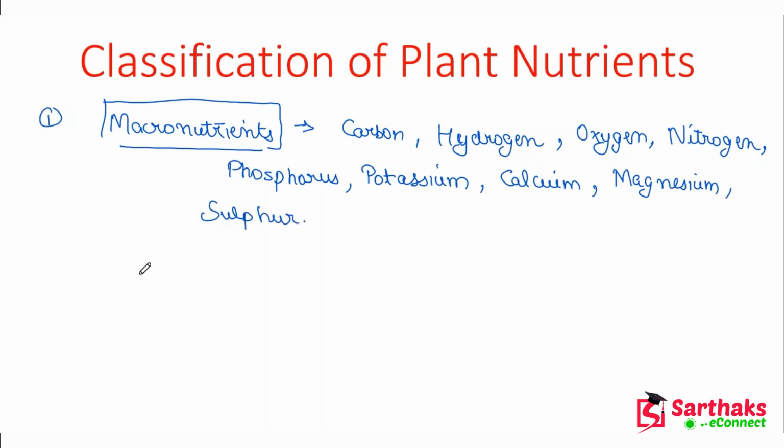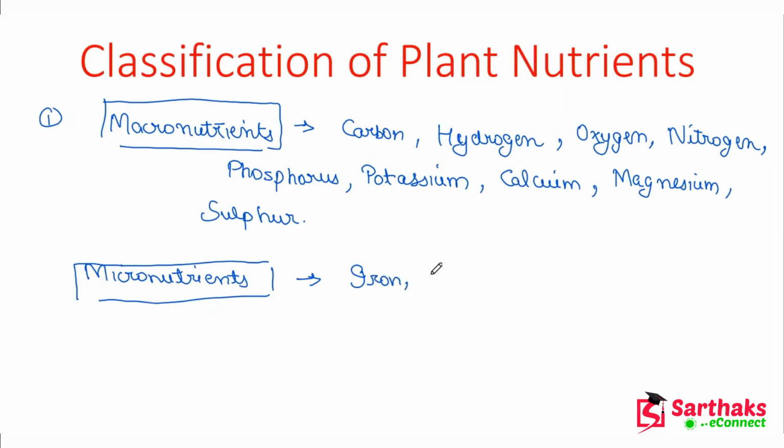Micronutrients are the nutrients that plants require in small quantities, and these are iron, manganese, copper, zinc, boron, calcium.